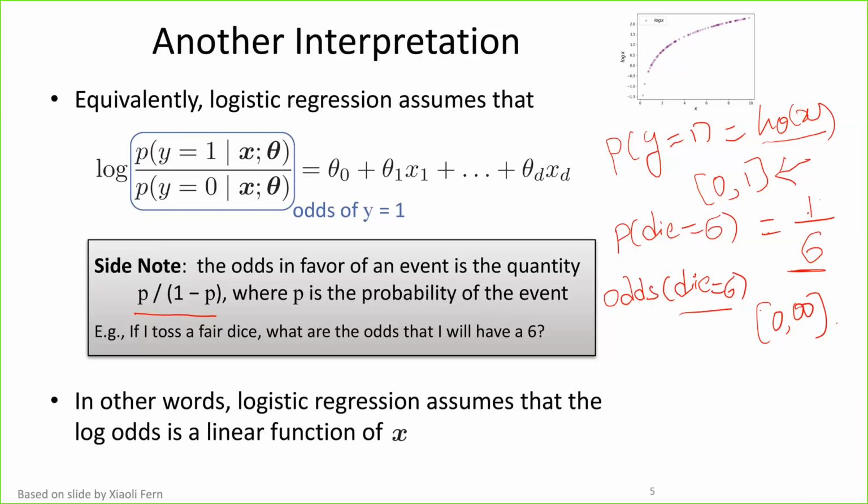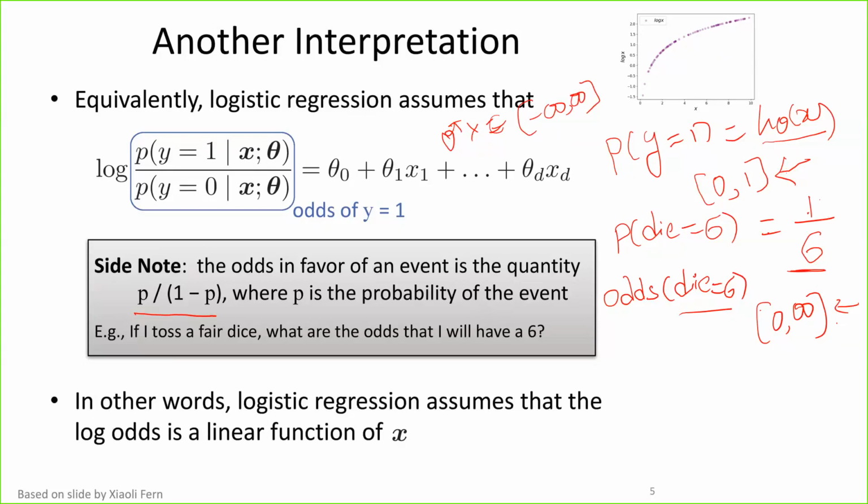But still we are not there. What is the range of the line theta transpose x? Minus infinity to infinity, whereas the odds are in the range of 0 to infinity. So there should be some way to map 0 to infinity into the range of minus infinity to infinity.